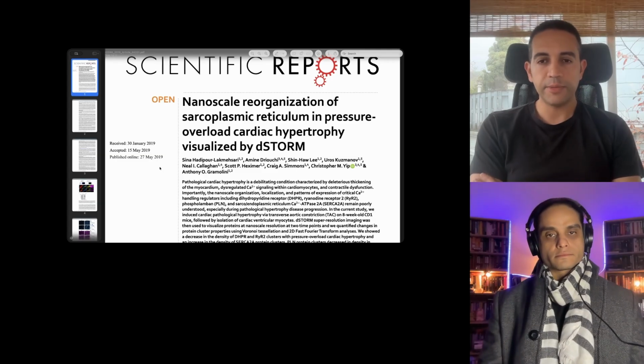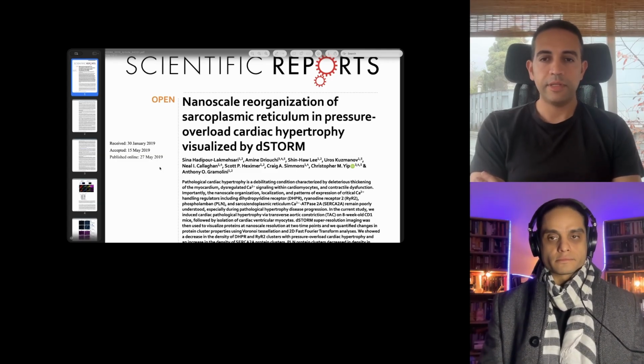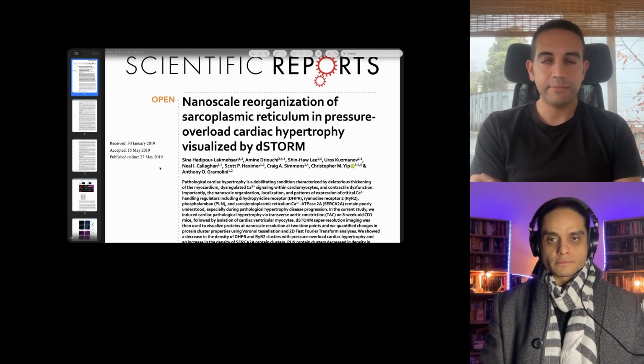It's the same principle: you want to isolate the emitters so that you can reconstruct an image with a localization precision of maybe 10 to 20 nanometers, giving a resolution of 20 to 40 nanometers in X and Y.